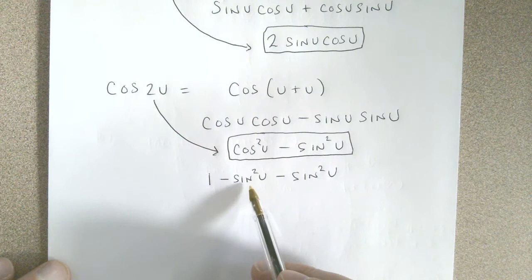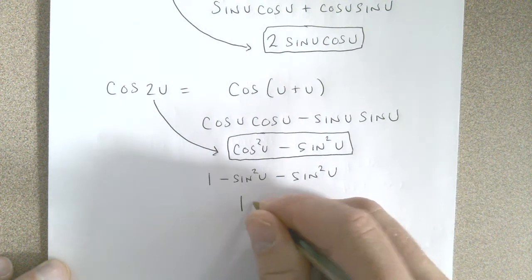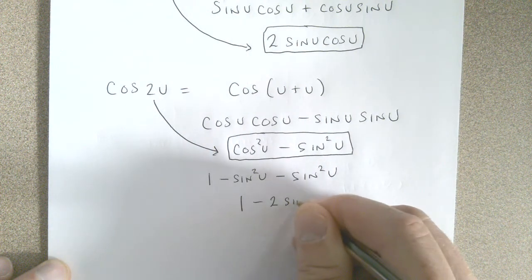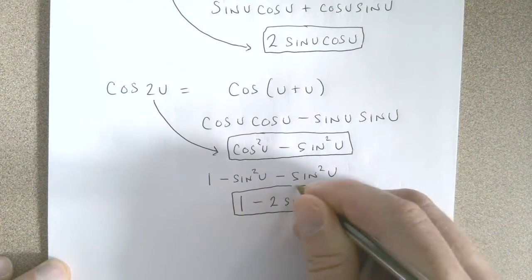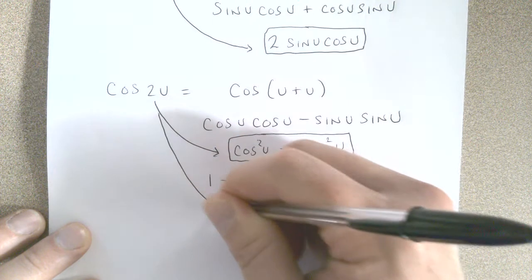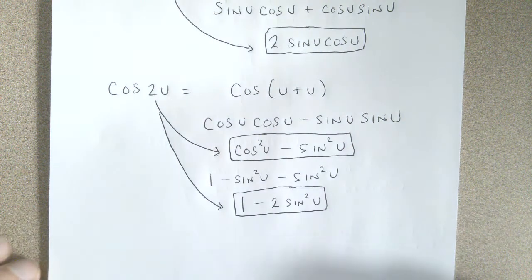If you put that together, that's the same thing as 1 minus 2 sine squared u. So that's our second way to write this formula.